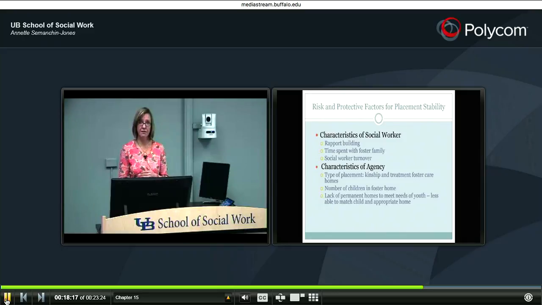If children have a higher level of need, the fewer the children in the home links to placement stability. If you have many children in a foster home, and this often happens in agencies, if you have kind of a go-to foster parent that is the only foster parent that will always take teenage girls, for example, sometimes those resource families get overutilized, and then you have many children placed in the home that really goes beyond what they can meet.